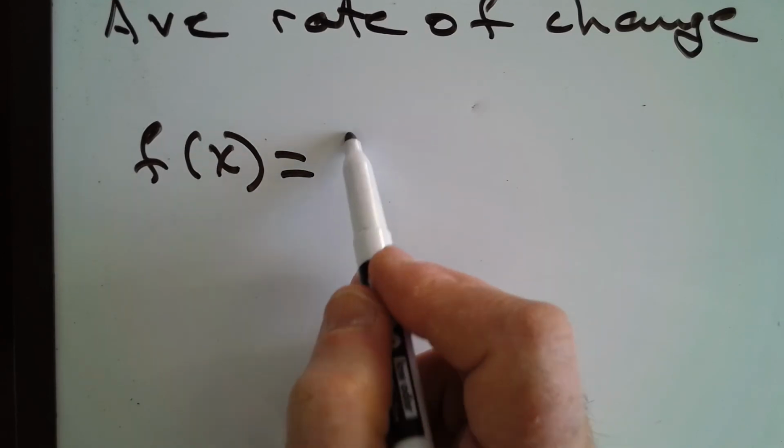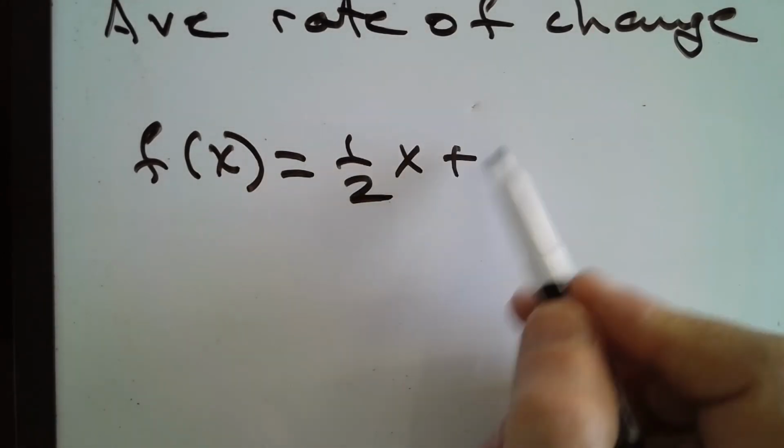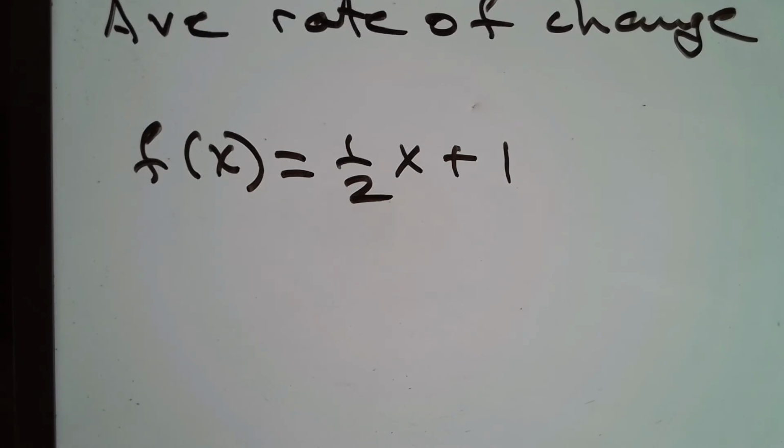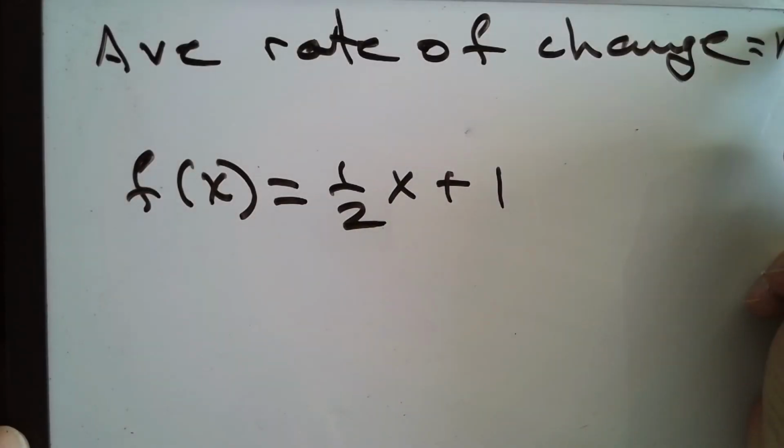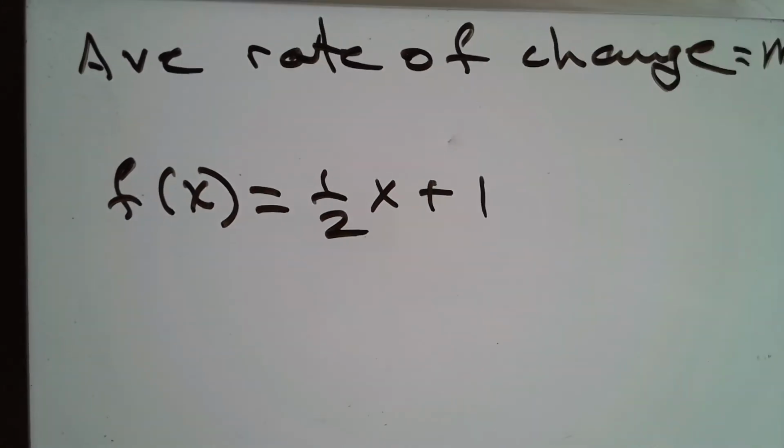All right, number 11. We want the average rate of change. Okay, and we've got f of x equals 1/2 x plus 1. Okay, so here's our board. Now average rate of change is really nothing more than slope.